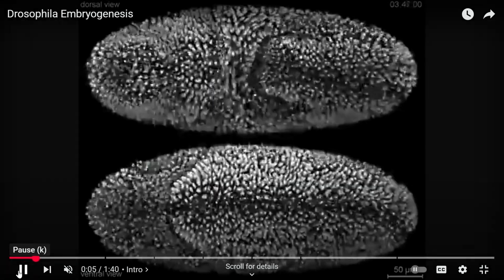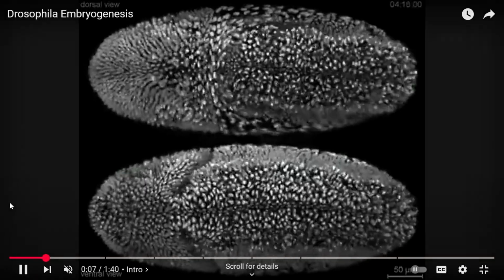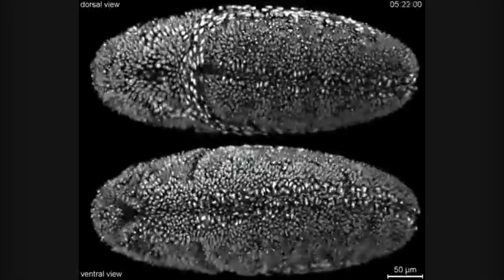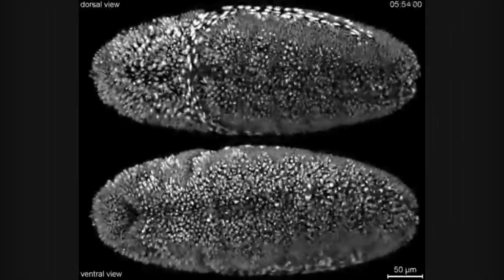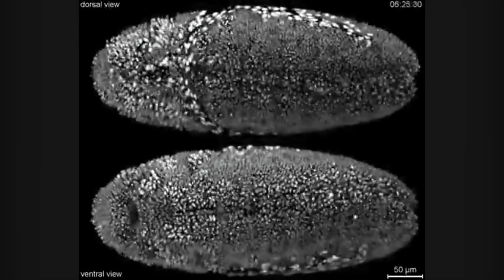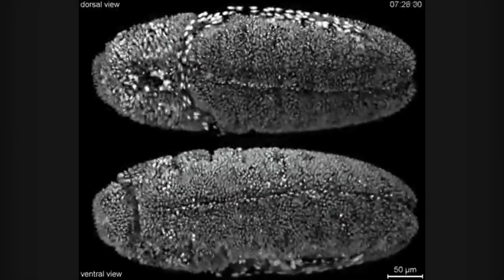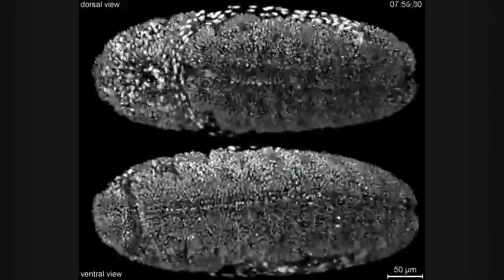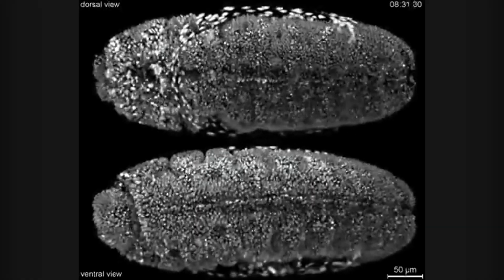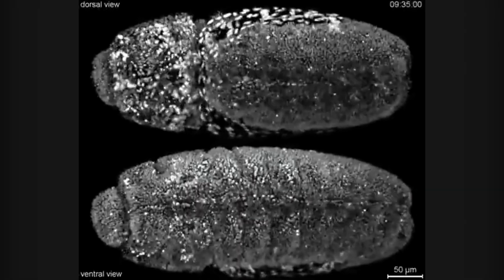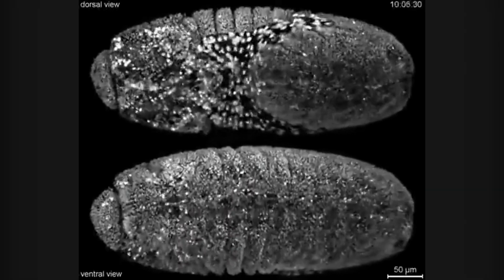So this is a fruit fly embryo. All of these little white dots are nuclei that are tagged in the cells with a fluorescent dye. So you can see how as this embryo is developing, these cells are moving and changing and organizing themselves in ways that will eventually give rise to, which side do you think is the head?